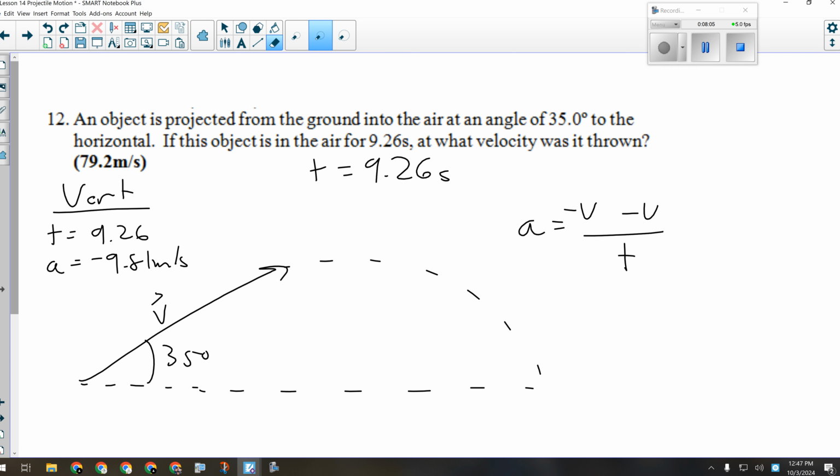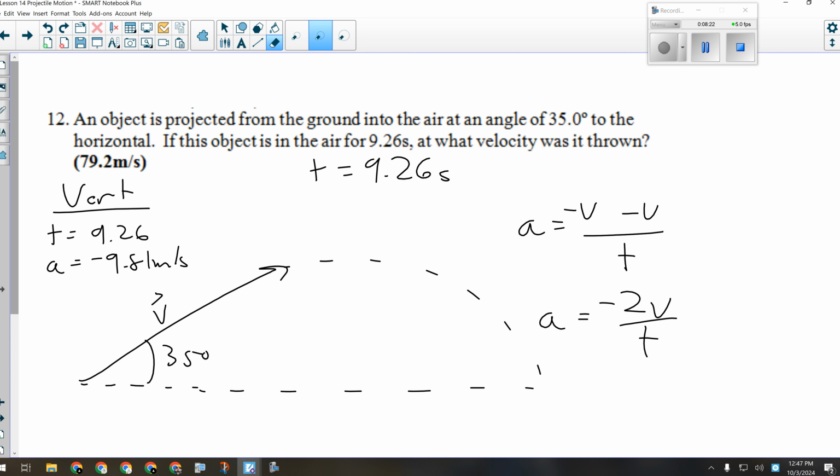All I have to do is put a negative vector on the first one. That means that this formula is now negative 2V over T, and I can now manipulate to get the initial vertical velocity, which will give me the final vertical velocity as well.